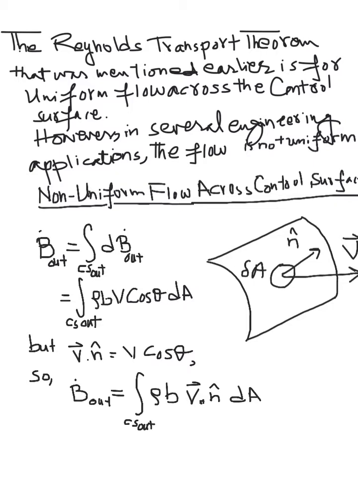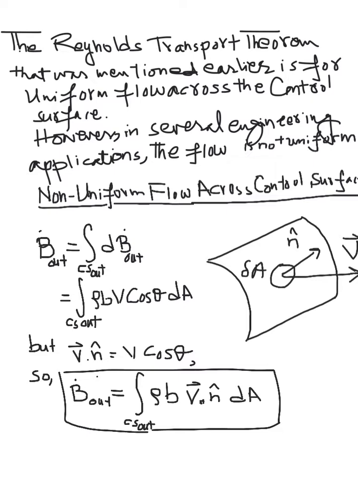So here is the amount of the extensive property that is coming out of this element, and finally an expression in terms of the integral has been obtained for this. Similarly, I will next represent the extensive property that is going in.